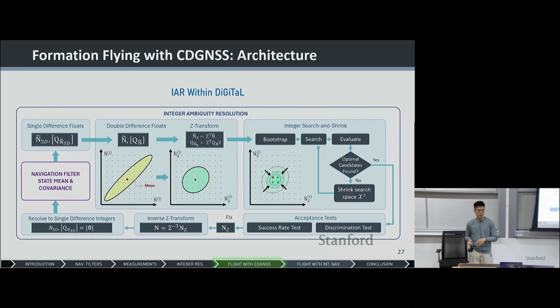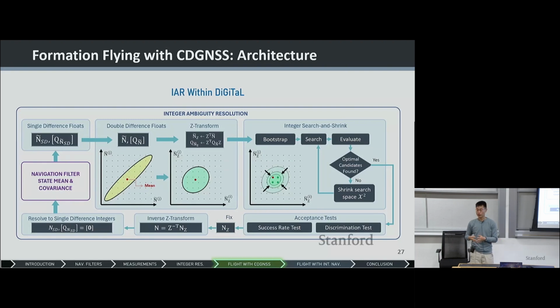The good news is that generally, once your first batch of integers get fixed, any new measurements that come in or any new GPS satellites that get tracked show up as a new unresolved integer. And if they're coming in sequentially, you're only dealing with just one at a time. So the impediment is really the very first step where you have a very large dimensional search space.